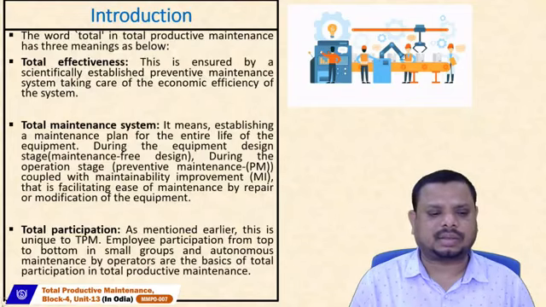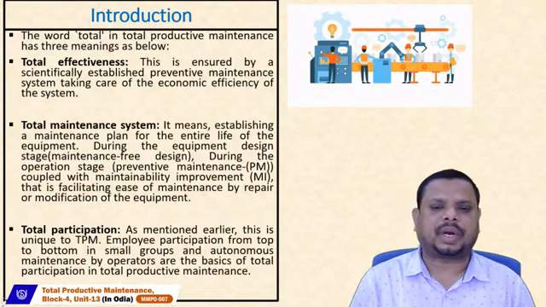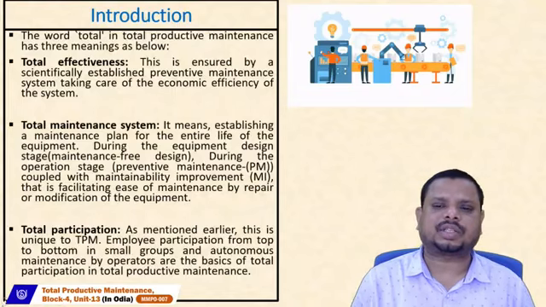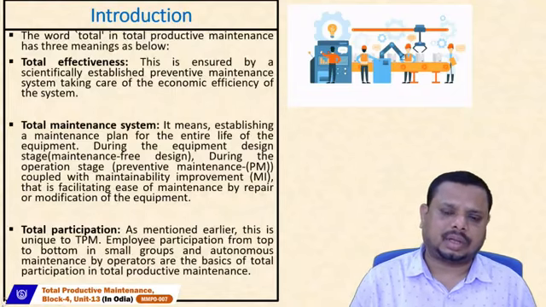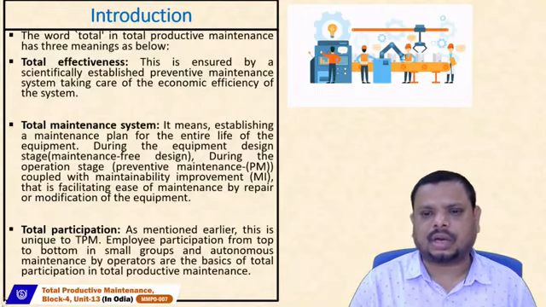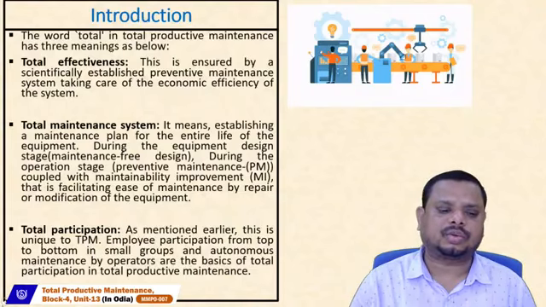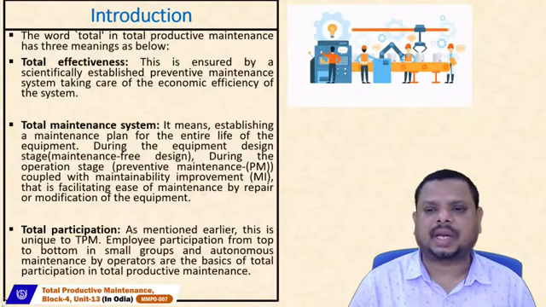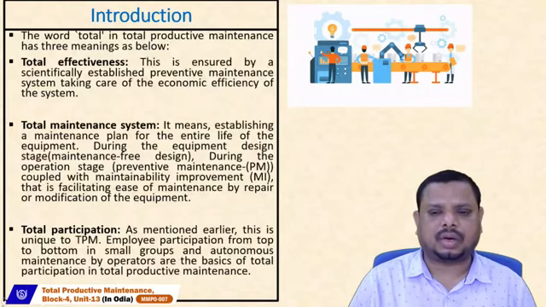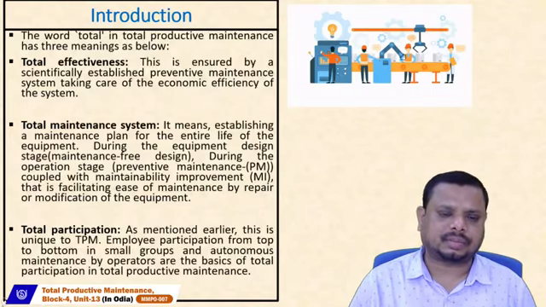In some cases, through small groups and autonomous maintenance, the operators themselves can also participate in total productive maintenance. So this means total participation of, I repeat, the top level of management, the middle level of management, and in most cases the operator, to provide a higher level of maintenance, especially with reference to total productive maintenance.